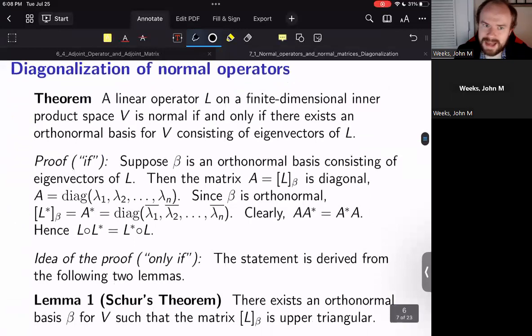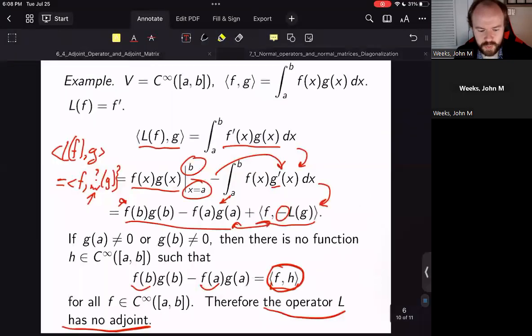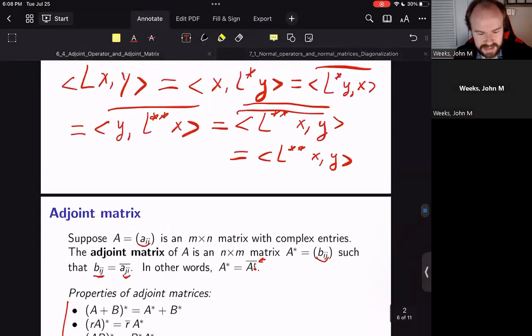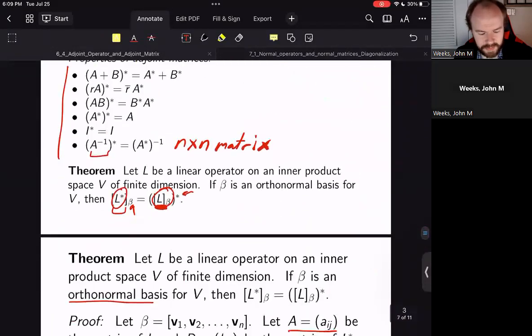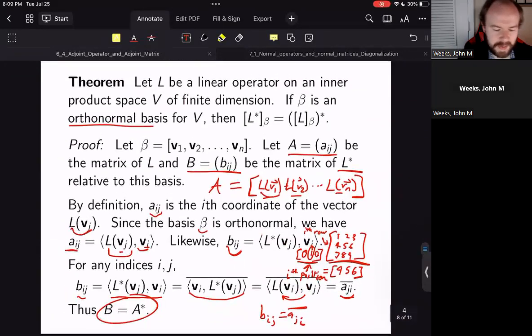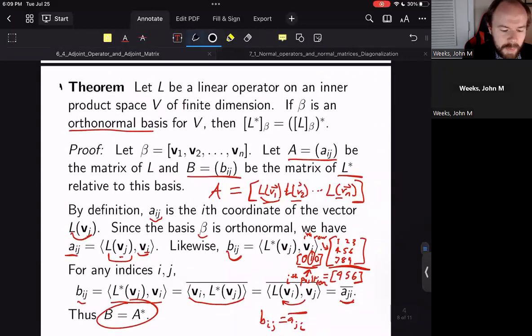Now let's go back and remind ourselves about the adjoint operators one more time. Let me scroll through here to get to one of the neat theorems that we talked about last time, which was this one right here. What we're going to do now is attempt to connect this notion of normality to what we were discussing about orthonormal bases.